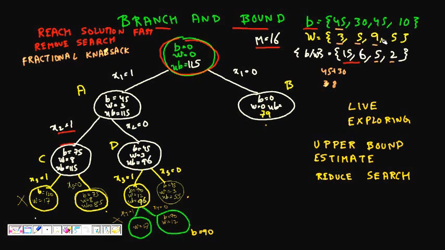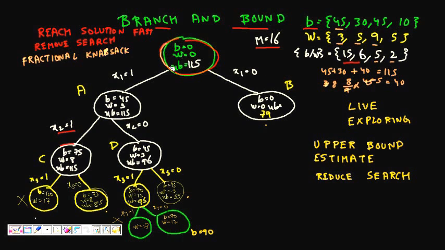But for the greedy choice, by which we are trying to find the upper bound, I can choose a fraction of it. It will be 8 by 9 of the third item. I can choose the 8 by 9th fraction, and hence the benefit will be 40. So the benefit is 45 plus 30 plus 40, which becomes 115.